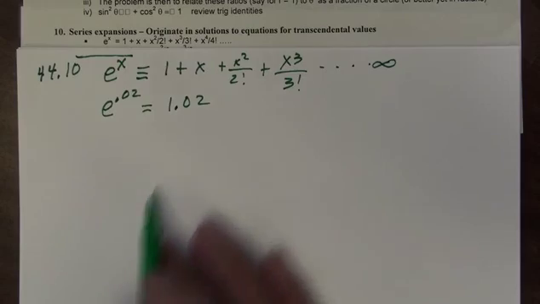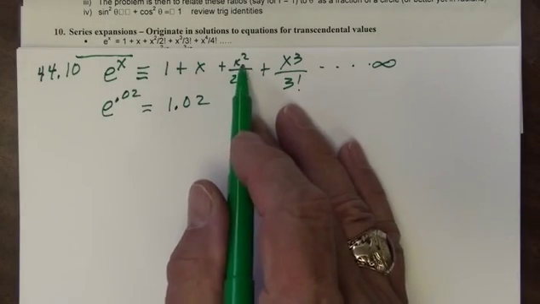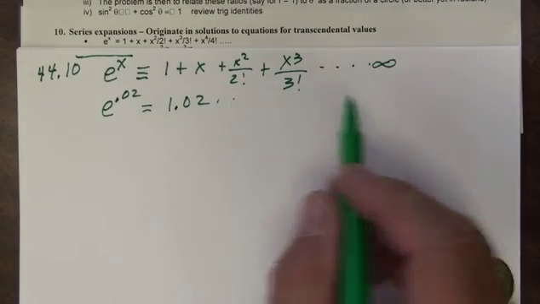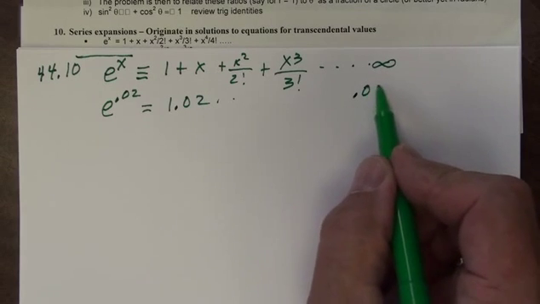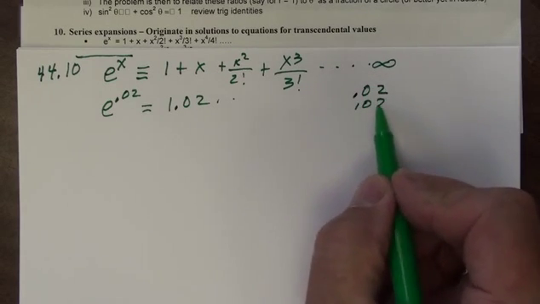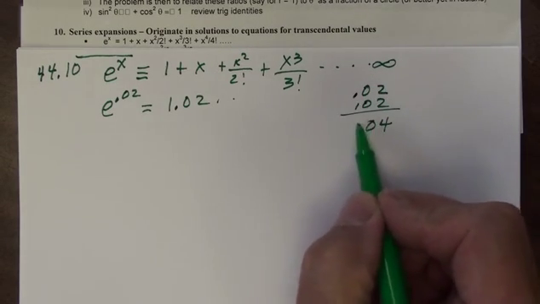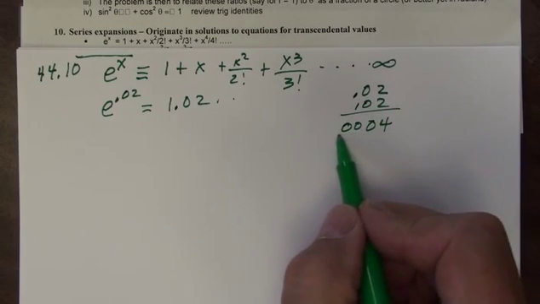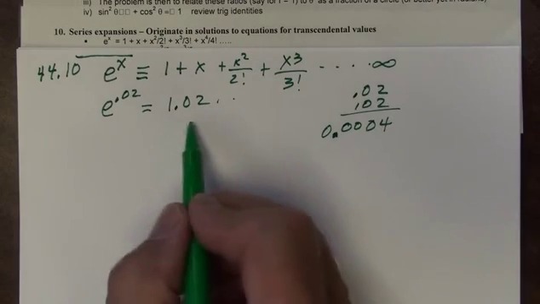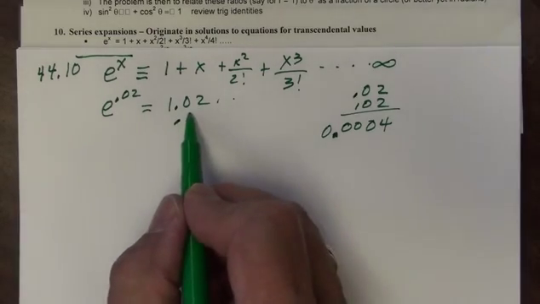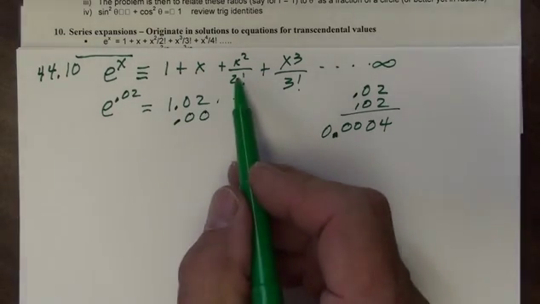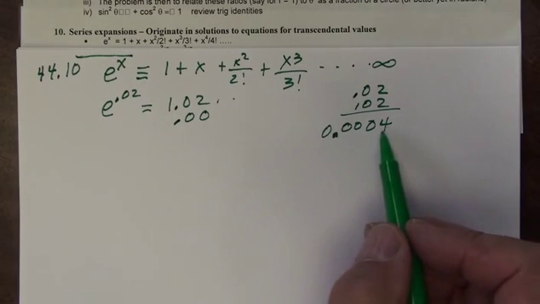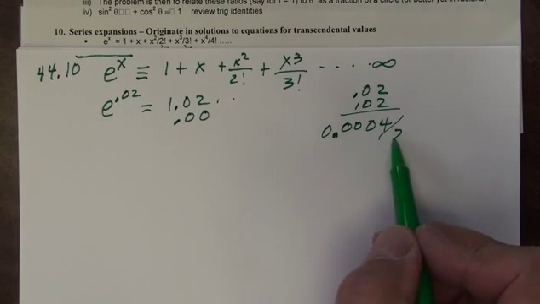Incredible, huh? If you wanted a little bit more accuracy, how much more would we need to add here? The answer would be 0.02 times 0.02. 2 and 2 is 4, so 0.0004. Oh, I've got a 2 factorial to add into it, so I'm going to divide that by 2 factorial.